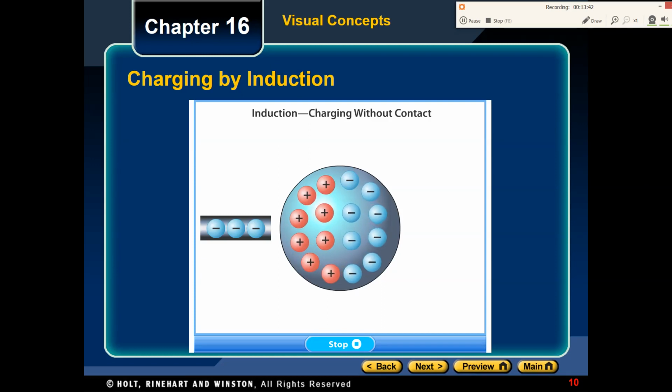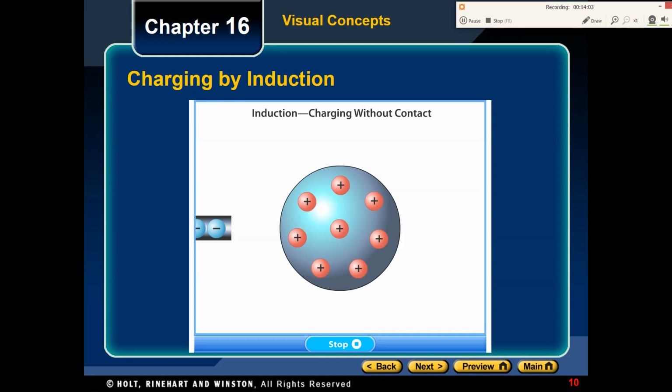Because charges can move easily in the metal, the negatively charged rod will repel the electrons in the sphere until the side near the rod is positively charged and the opposite side is negatively charged. If the sphere is then connected to ground, some of the negative charges will leave the sphere entirely. If the sphere is then disconnected from ground, the lost electrons cannot rejoin it. As a result, the sphere has a remaining positive charge even if the negatively charged rod is removed.